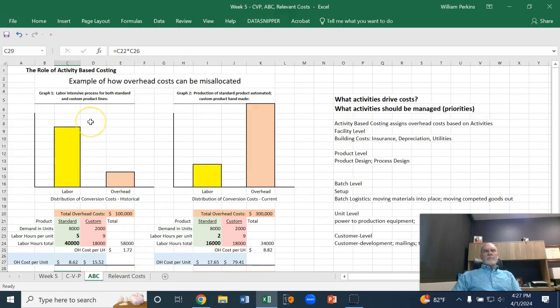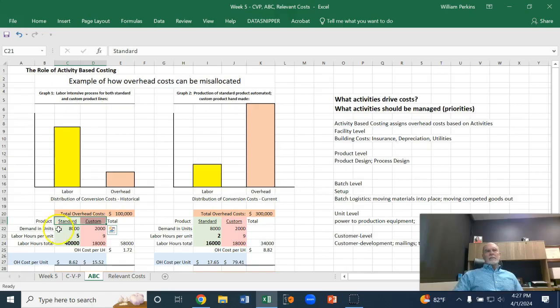On the left here, I have a little graph that pictures how much labor cost we have compared to how much overhead we have. So with this left graph, let's assume that we have a very labor intensive process and we make a standard product and a custom product.